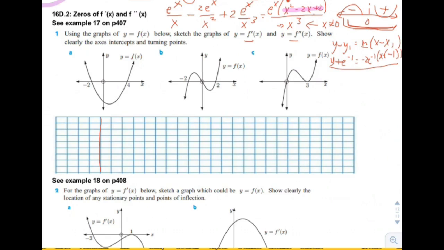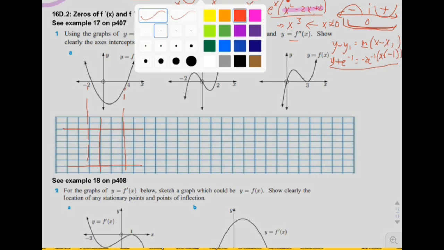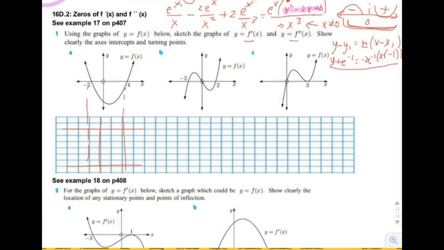We'll basically just use these critical points right here, and I am going to sketch a graph of f dashed, and then I'll sketch a graph of f double dashed in blue. You can see that for this function, it is going down until it gets to this point here, and then it goes up after that.